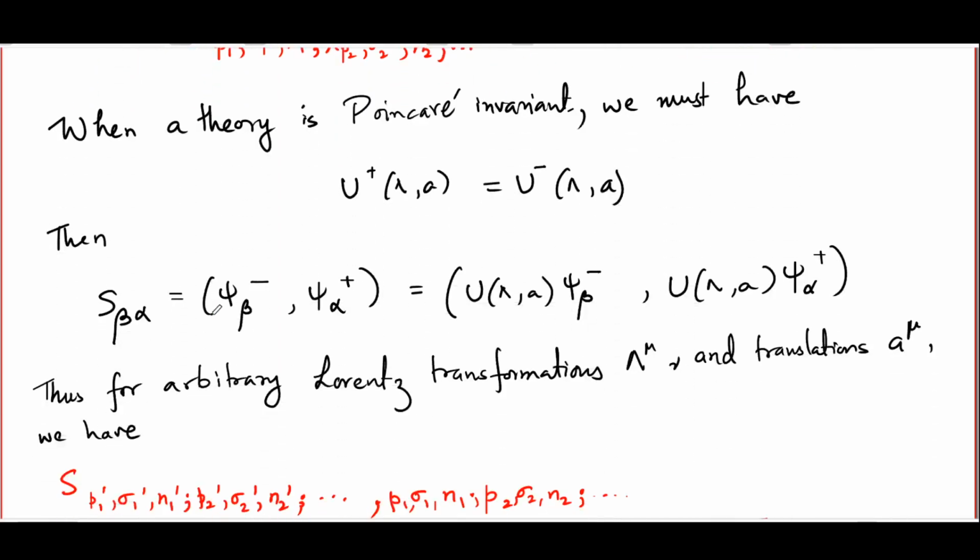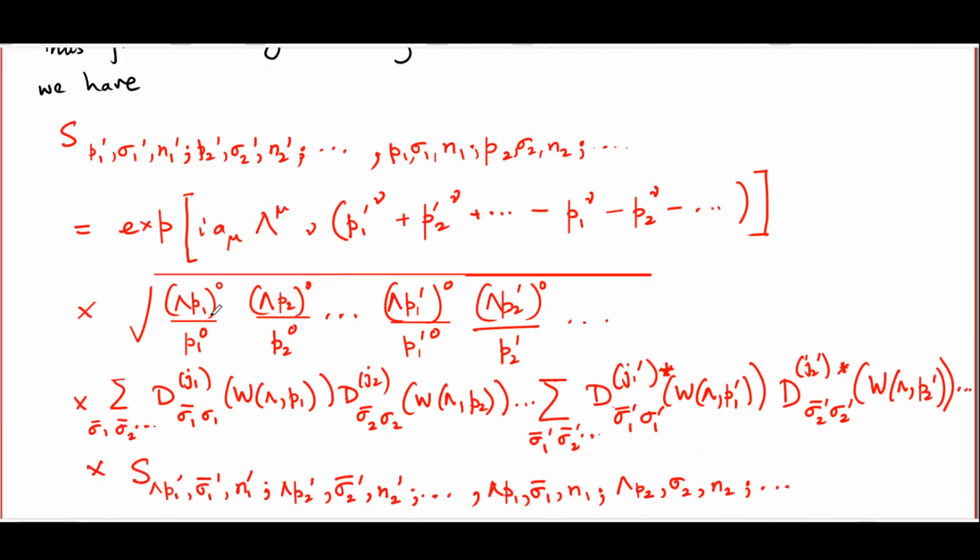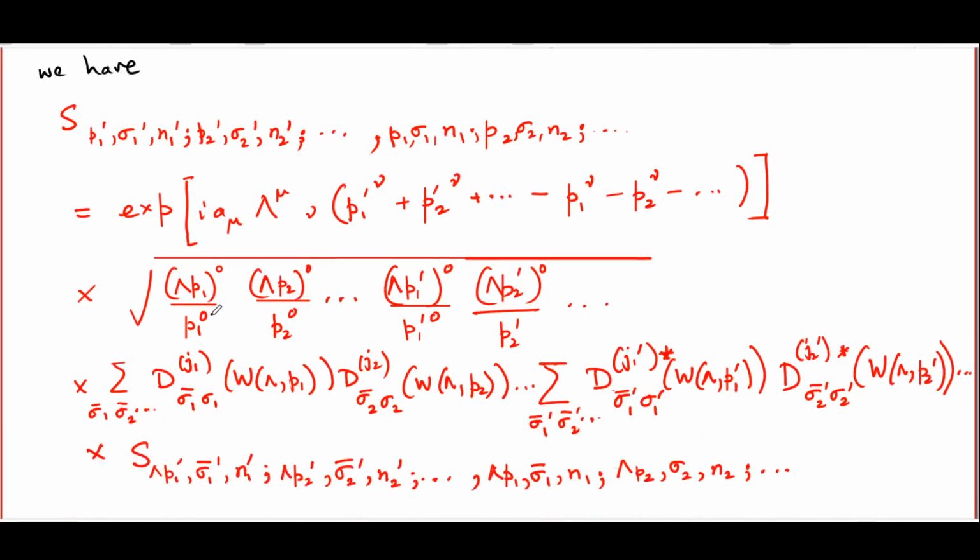and calculate the inner product properly, you end up with a rather lengthy and messy looking expression. But it's rather easy to understand. For example, these factors all come from the conjugate of the factors which arise because of the action of U(Λ, a) on Ψ_β minus. Here are the factors which you get because U(Λ, a) is acting on Ψ_α plus. Of course, the normalization factors come in from both β minus and α plus, and you have two bunches of matrix elements sitting here.